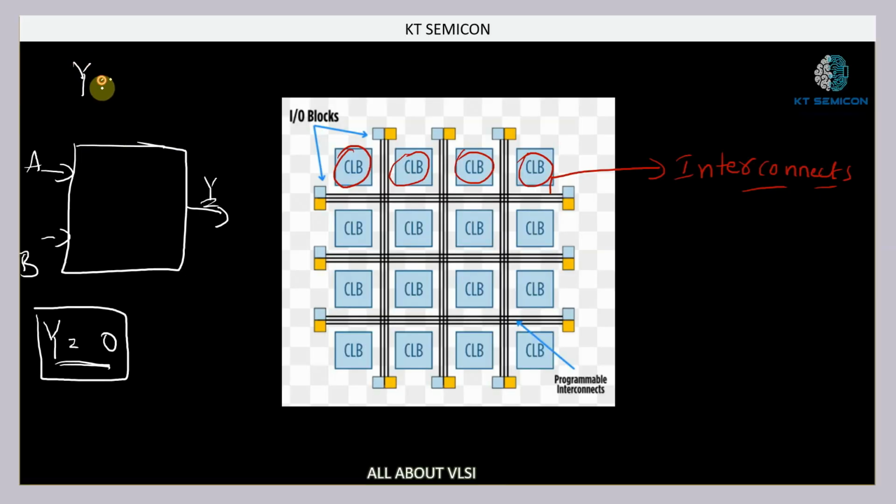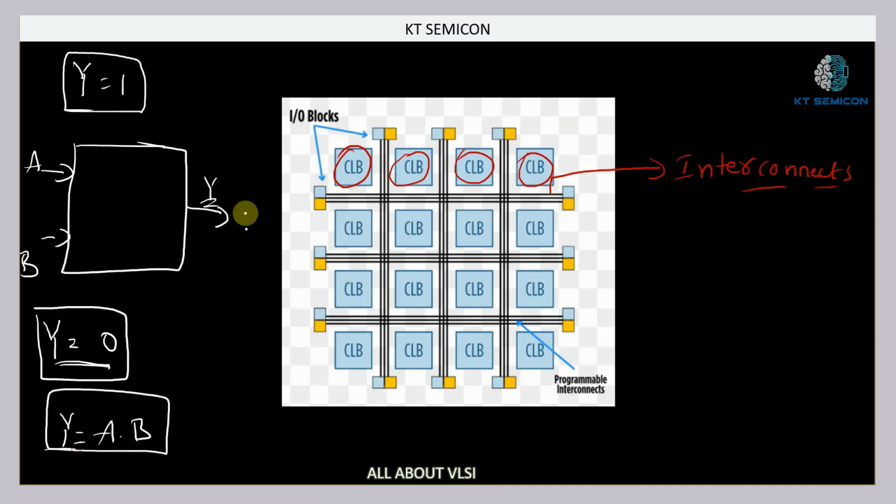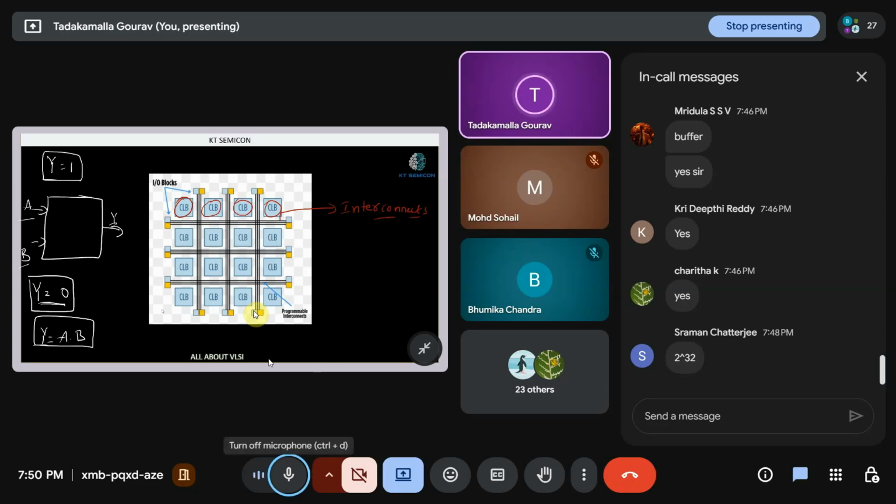Suppose Y is equal to one, this is also a possibility. Now, my output can be A dot B. So these are my possibilities. If I have a two input black box, there are a total of 16 possibilities. Is it clear?